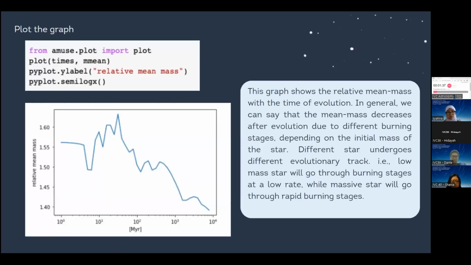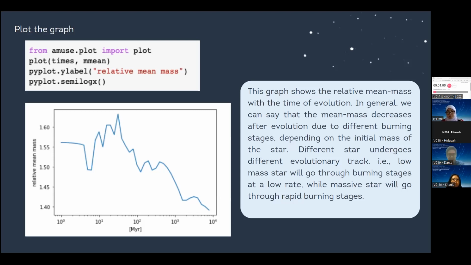Okay, for this one, we plot the graph for the relative mean mass versus year of evolution. As we can see in this graph, in general, the mean mass decreases after the evolution due to different burning stages, different evolution of the star depending on the initial mass of the star.